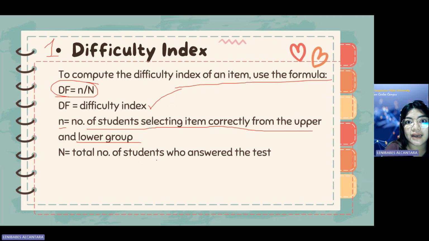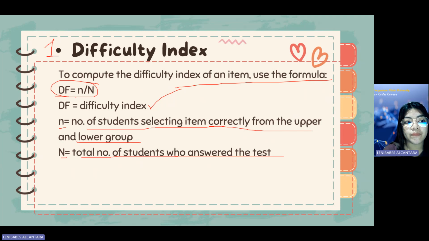Or tanggalin na. Kasi, panggulo lang siya or hindi naman talaga siya effective para i-assess yung learning ng bata. Now, the capital letter N is the total number of students who answered the test.